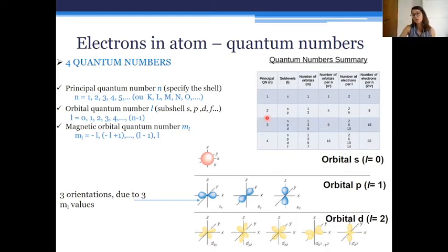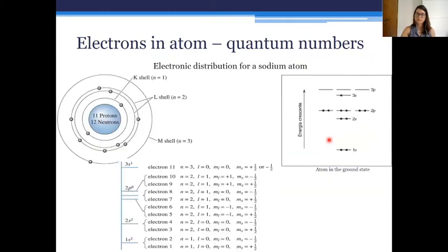For the principal quantum number 2, we will have 4 orbitals, and on each of these we will have a certain number of electrons. So in the shell corresponding to n equals 2, we will have 8 electrons, and so on. So it is calculated according to the rules that we have described.